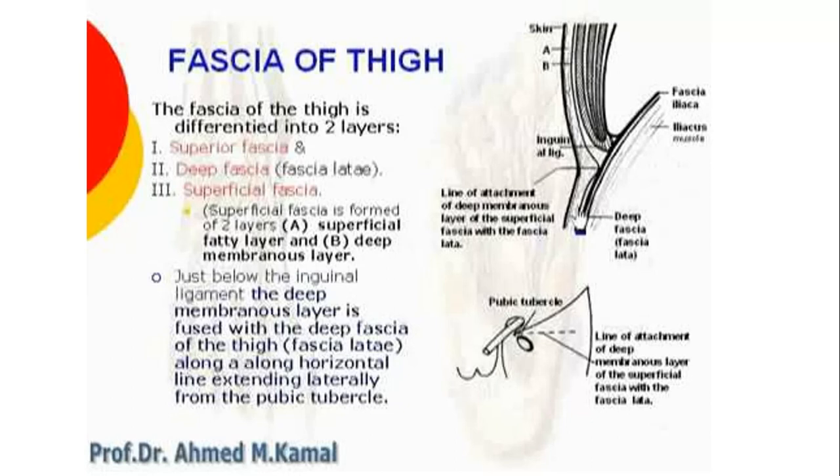Now we see in further detail that the fascia of the thigh has two layers, superficial and deep, and the superficial is further divided into two: superficial fatty and deep membranous.